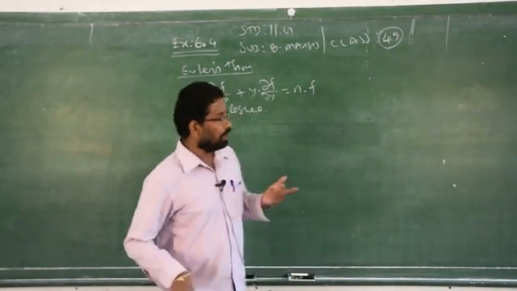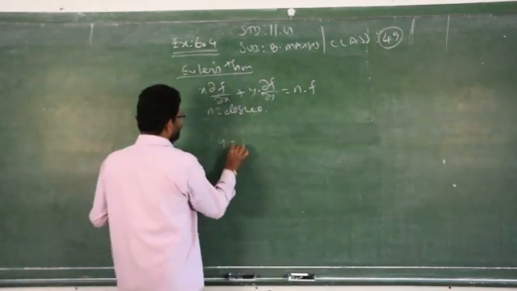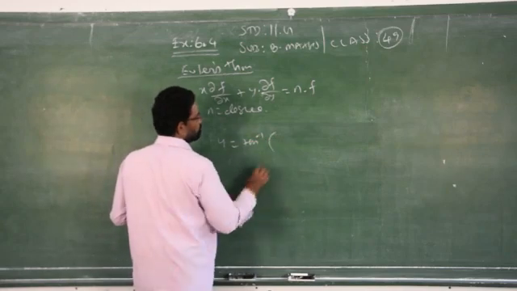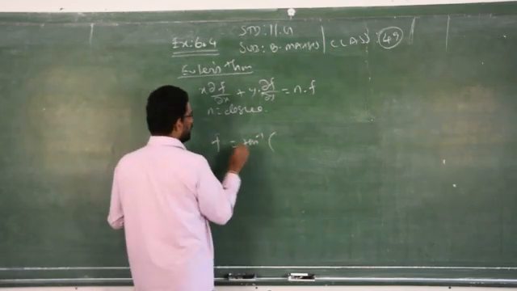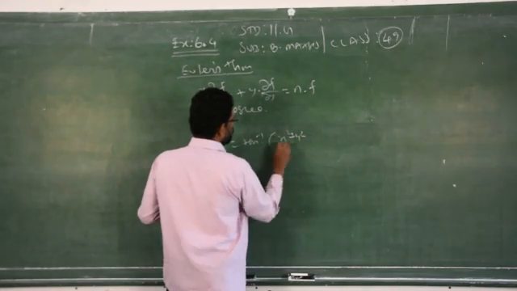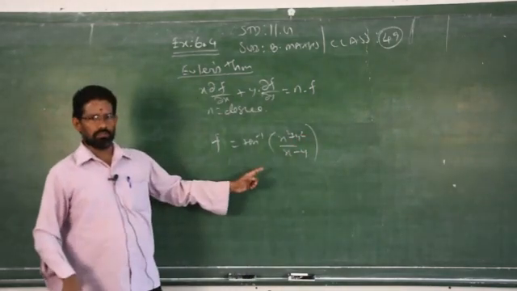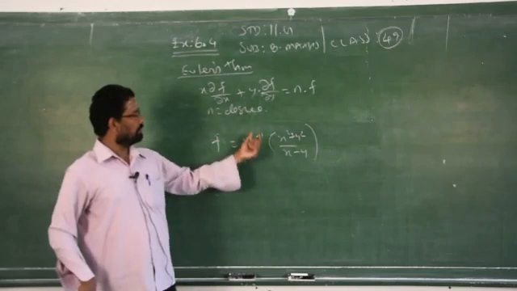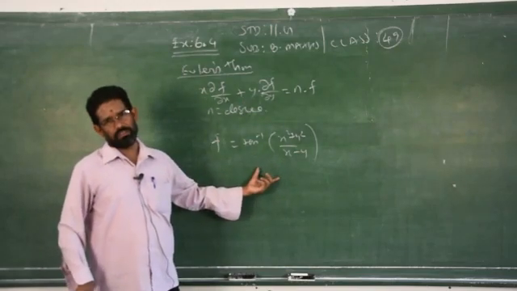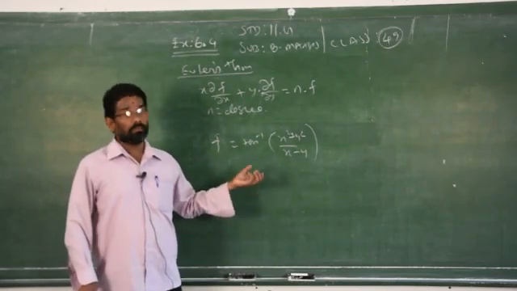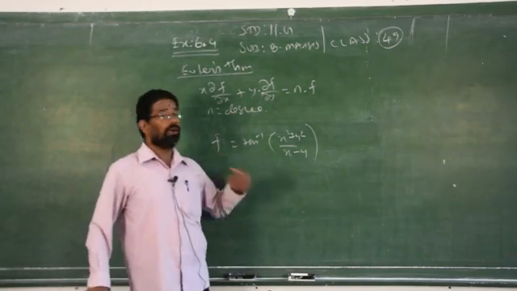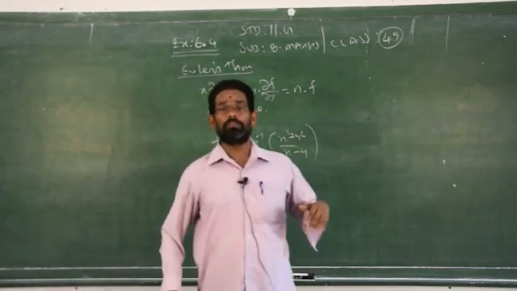are called non-homogeneous. Suppose I define f is equal to tan inverse of x square plus y square by x minus y. This is a non-homogeneous function. You cannot apply the Euler's theorem for these types of functions. But if it is given, you have to apply it, and I will tell you how to do it.